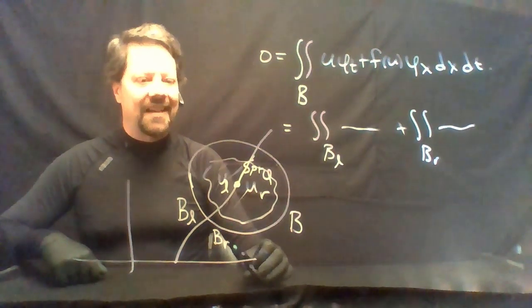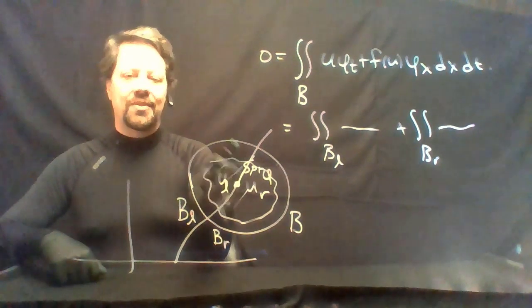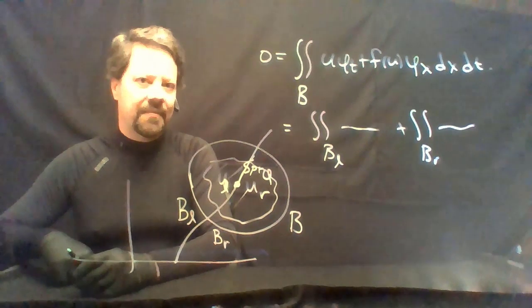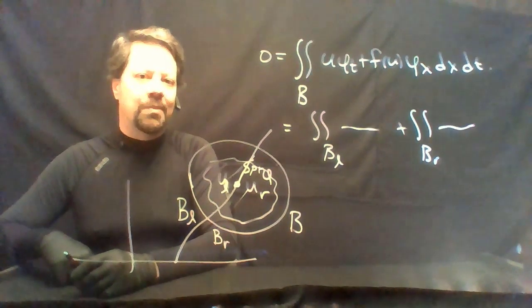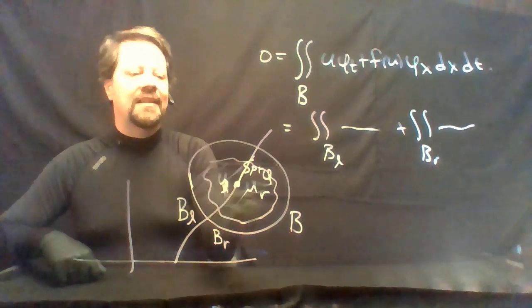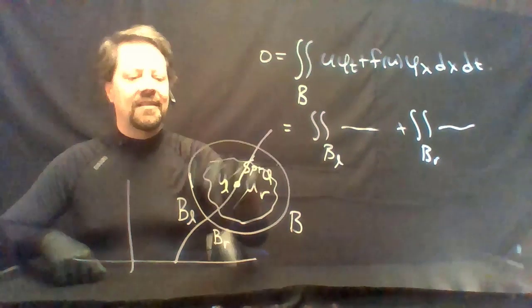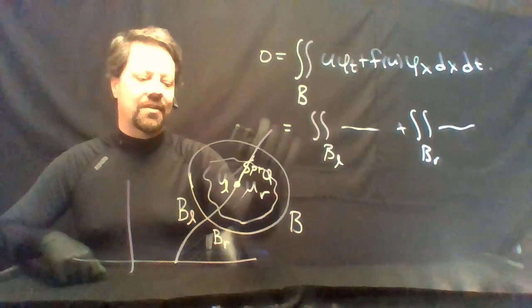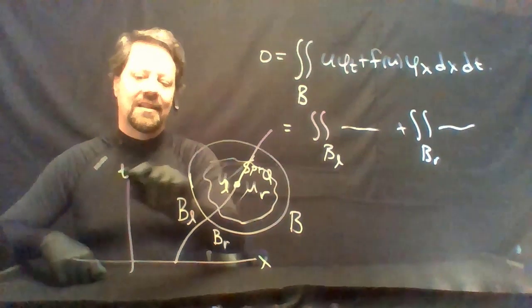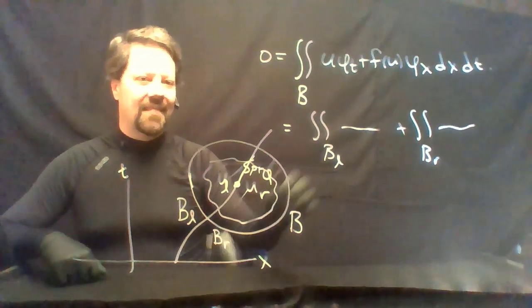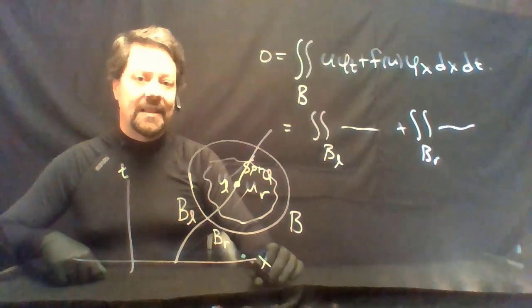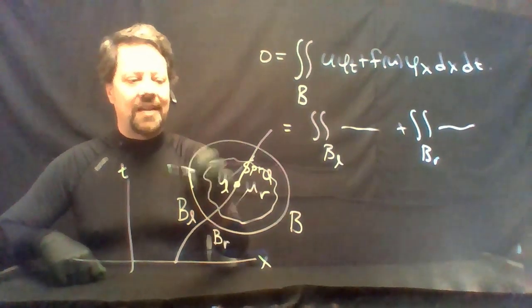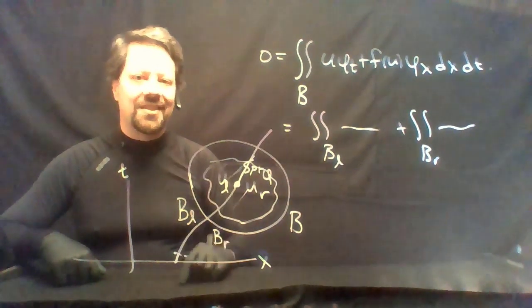On each side, u is assumed to be smooth. u will be differentiable on the left, it will be differentiable on the right. We have this isolated discontinuity along this curve in the xt plane. That means we can take derivatives of u on each side of the shock wave, just not at the shock wave itself.